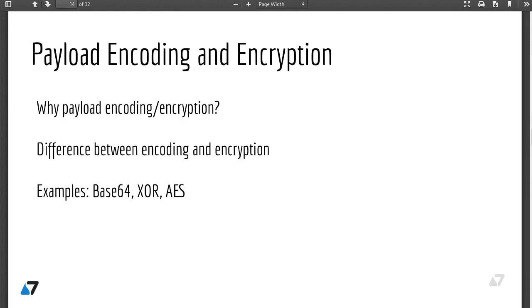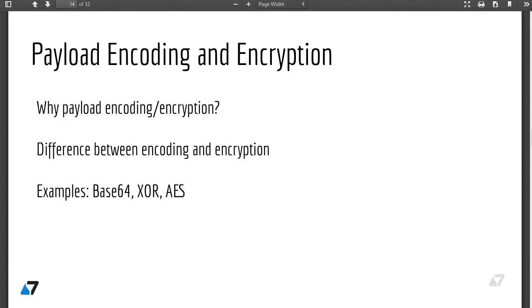To reverse encryption, in other words, to decrypt your ciphertext back to plain text, you need to know the cipher which was used, and it's in most cases known information, and a key which is kept secret. So that's encryption.